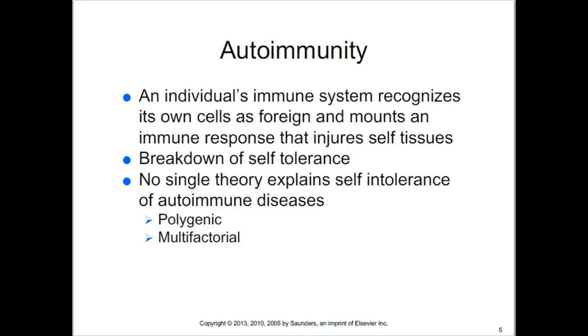So you basically have a breakdown of the understanding of self genes, a breakdown of self-tolerance, the understanding of which genes belong to our cells, mediated by certain antigens that we might have. It's polygenic, meaning multiple genes, not just one, and multiple factors might be involved in activating these genes.